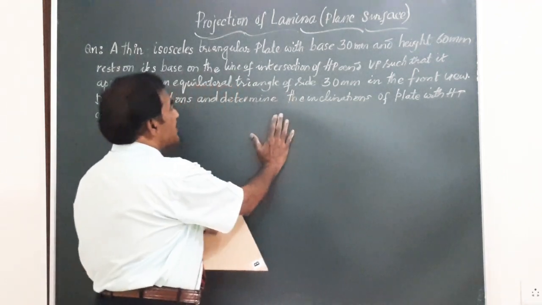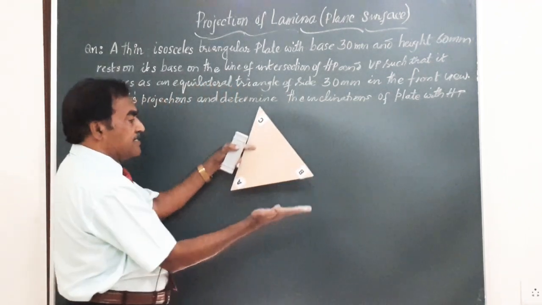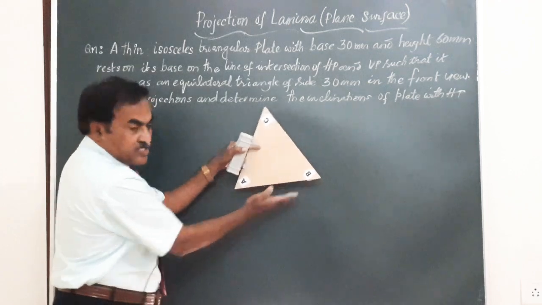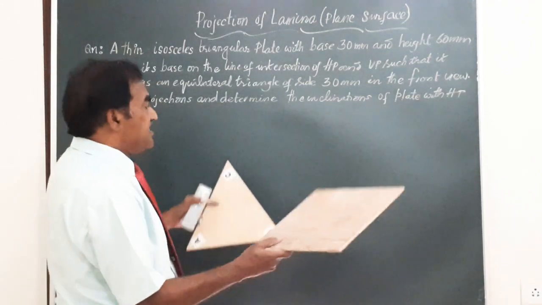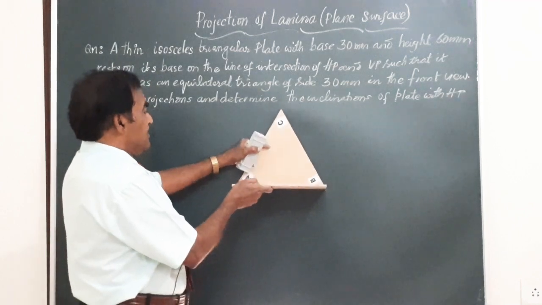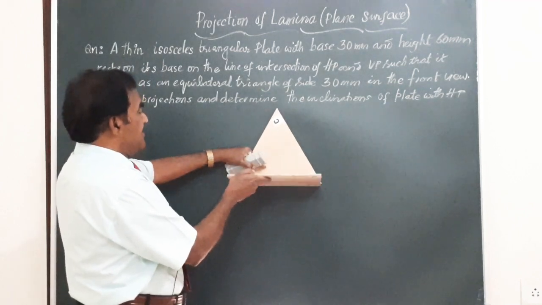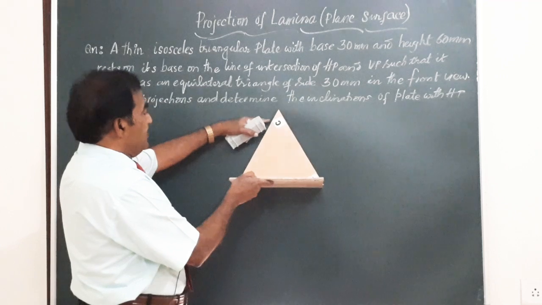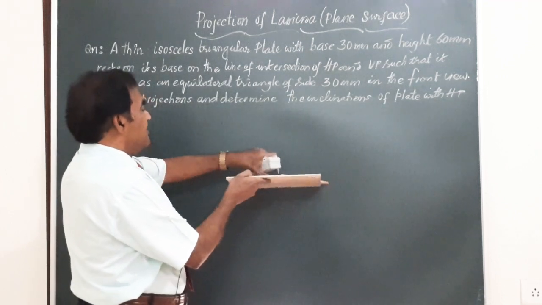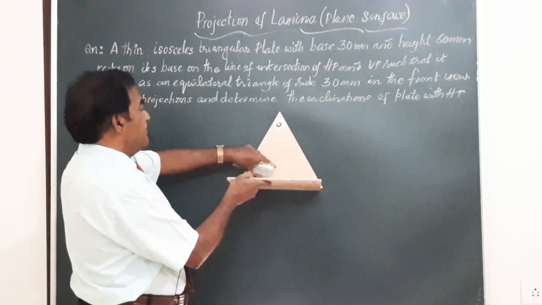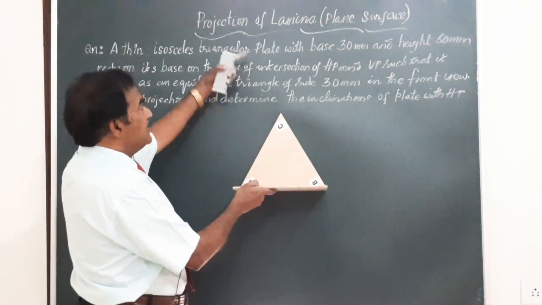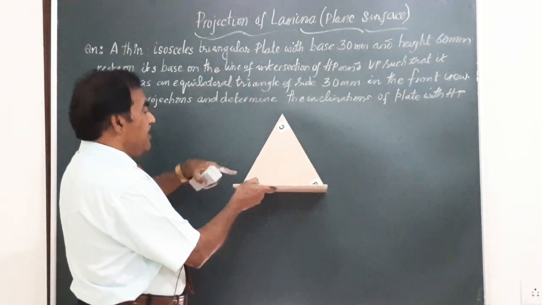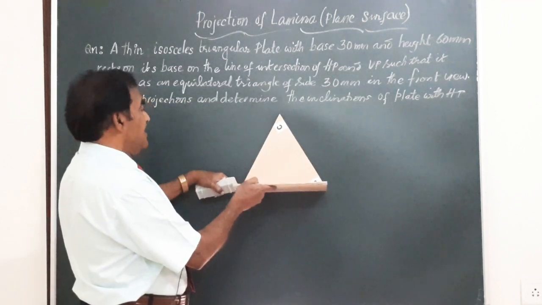So, you have the vertical plane, you have the horizontal plane, and this is resting on the line of intersection. So, if you take this as the horizontal plane and the lamina is resting like, you can just observe, friends. So, here the lamina is resting on one of the sides AB on the XY line. XY line is the line of intersection of the VP and the horizontal plane.